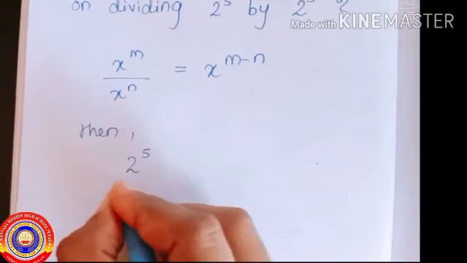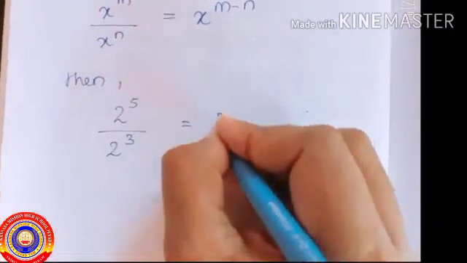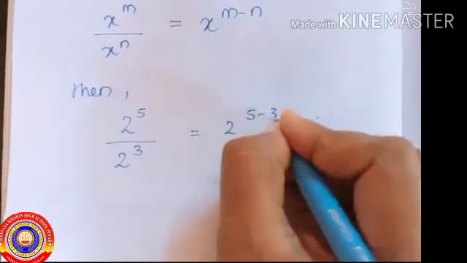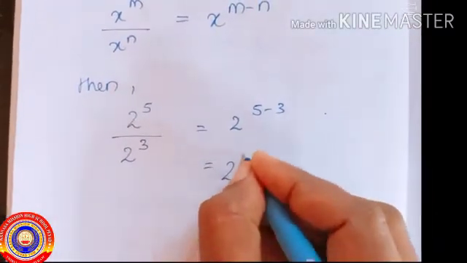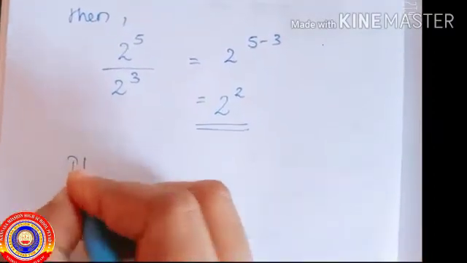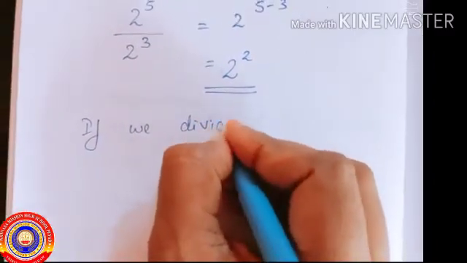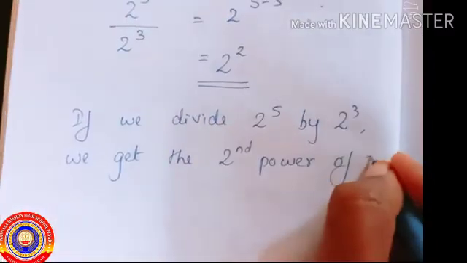Then 2 raised to 5 divided by 2 raised to 3 is equal to 2 raised to 5 minus 3, which is equal to 2 raised to 2. If we divide 2 raised to 5 by 2 raised to 3, we get the second power of 2.